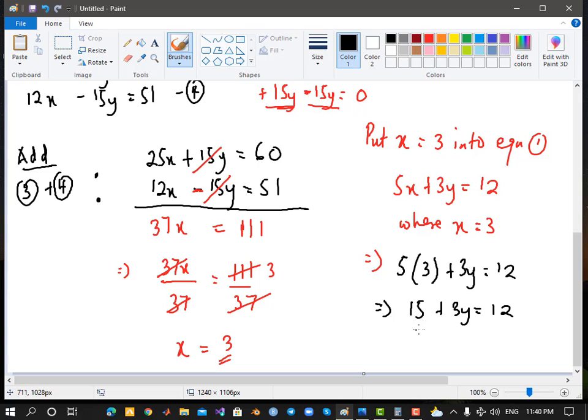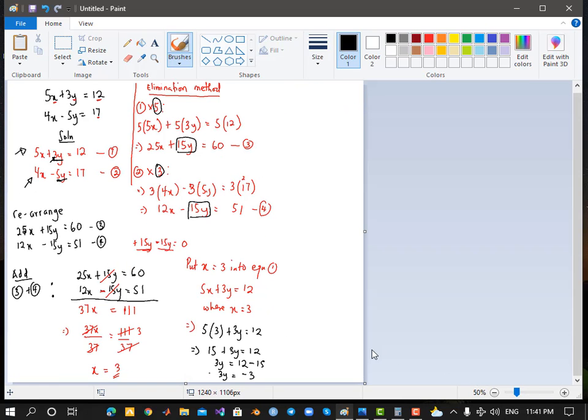Then we make 3y the subject here. Group like terms. So this will be 12, and this 15 crosses the equal sign to become negative because it was positive. So we have 3y equal to 12 minus 15, which is negative 3.